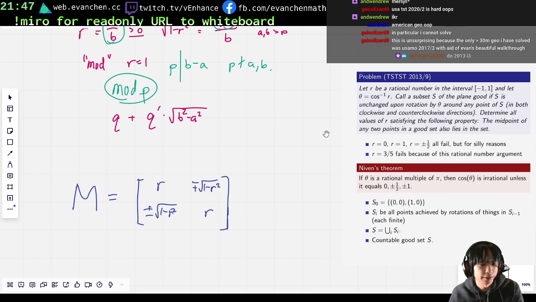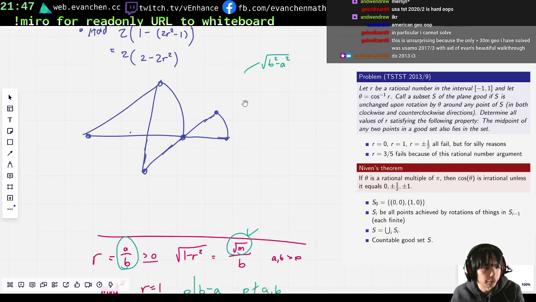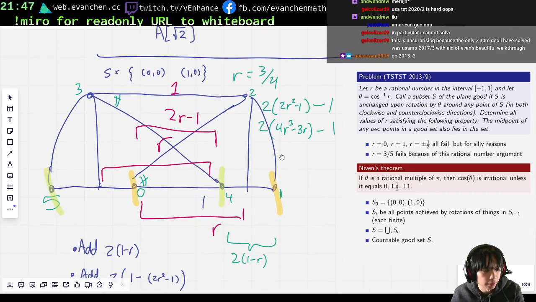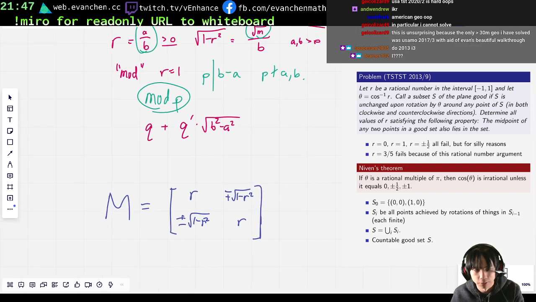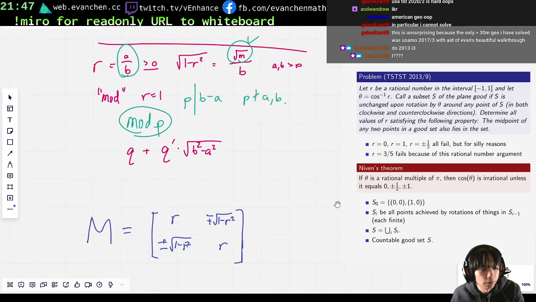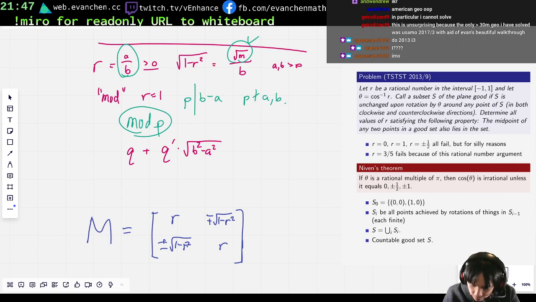So I'm confused. Why doesn't this work for... Why did r equals 3/4 fail? Because for r equals 3/4 we had a construction, but it looks like the rotation matrix should be the... No, it's not. What am I talking about? 3/4 is... Okay. You take p divides b minus a so that... Okay.